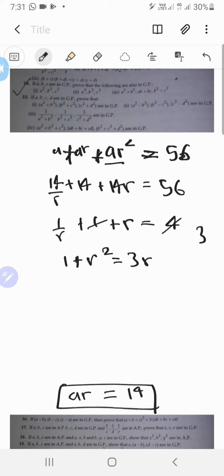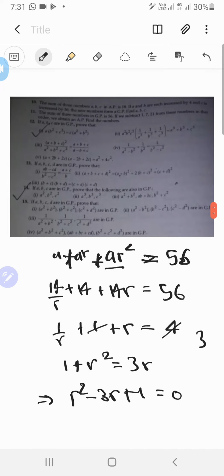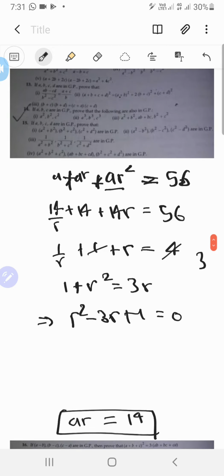Yeah, I think so. Yeah, it looks like that. Okay, cool. Which means that R squared minus 3R plus 1 is equal to 0. Wow, I was not expecting this. Are they given any kind of options? Find these three numbers.